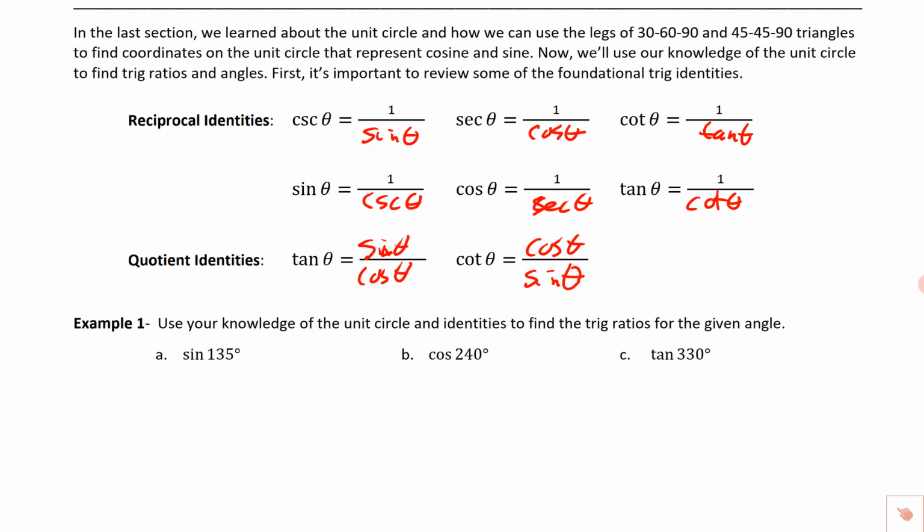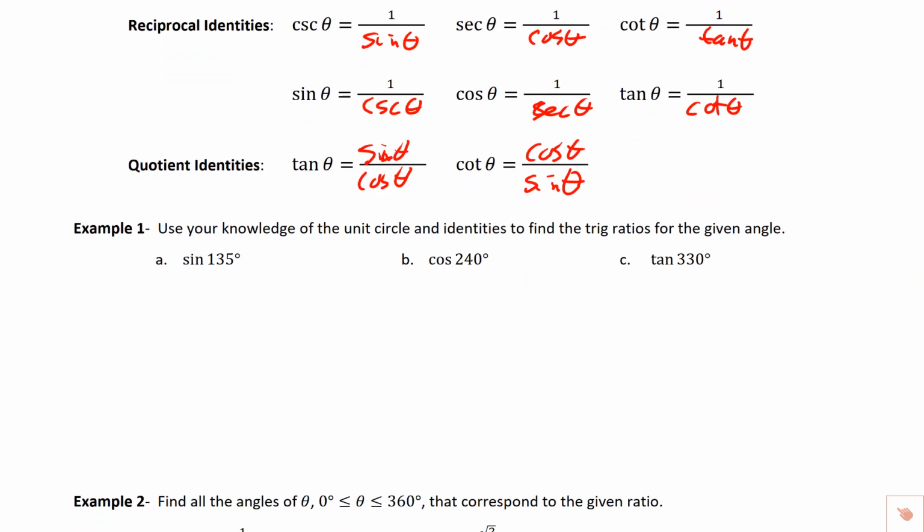We're just starting out. It says use your knowledge of the unit circle and identities to find the trig ratios for the given angle. Sine of 135. Wait a minute. Isn't the sine the y-coordinate? And didn't we just draw a reference triangle for 135 degrees? So isn't this negative radical 2 over 2? And this is radical 2 over 2?